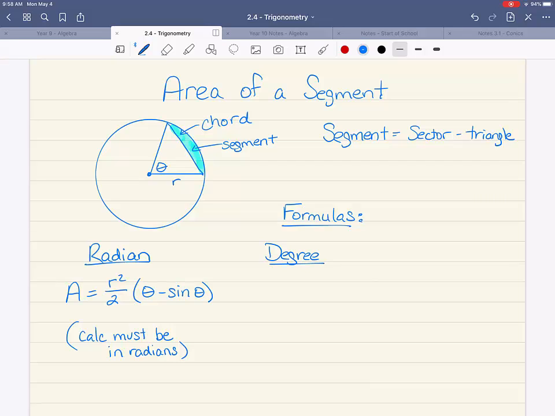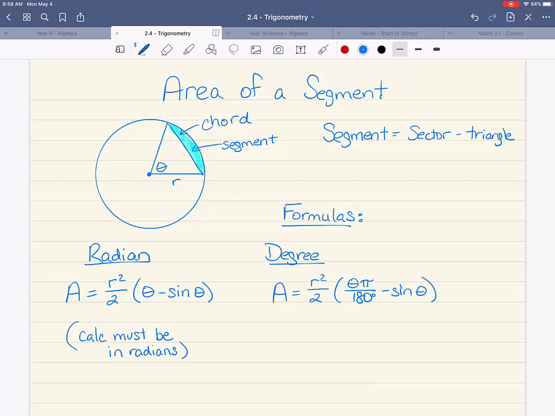So the degree formula is done this way. The area equals r squared over 2 times theta pi over 180 degrees minus the sine of theta. In this case, your angle is in degrees.